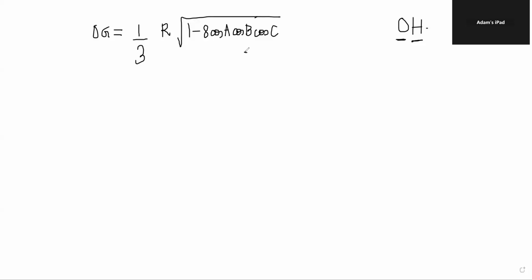In any triangle ABC, OH is equal to R times the square root of 1 minus 8 cos A cos B cos C.